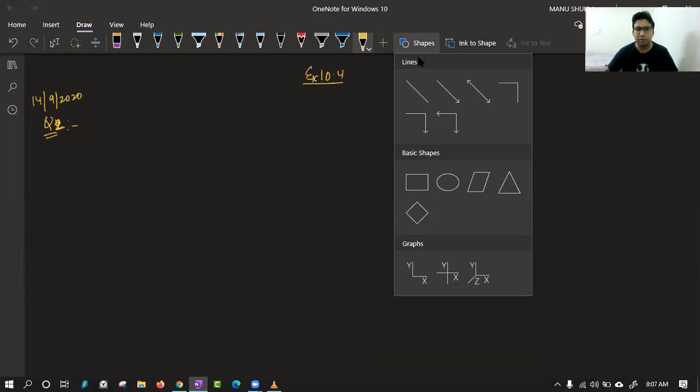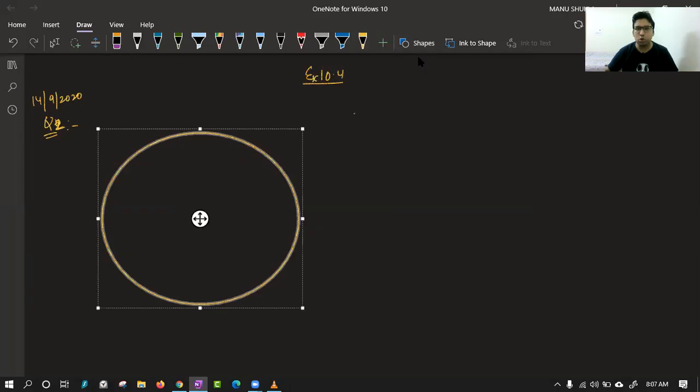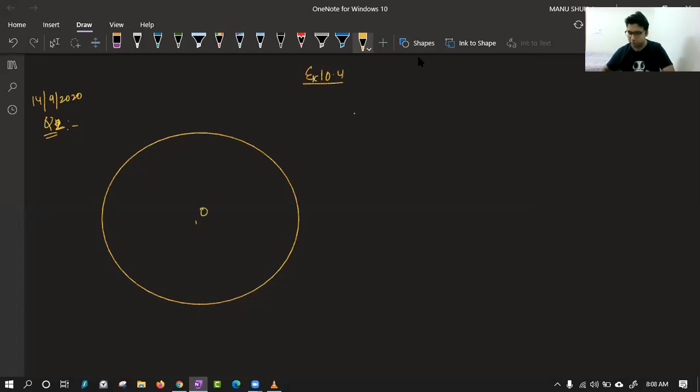We have a circle like this. There are two equal chords in the circle. So first we have a circle with center O. We have two equal chords. Suppose one chord is AB, and let me draw it a little larger.